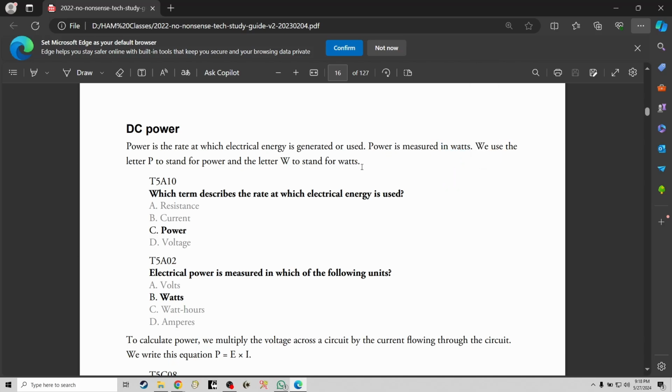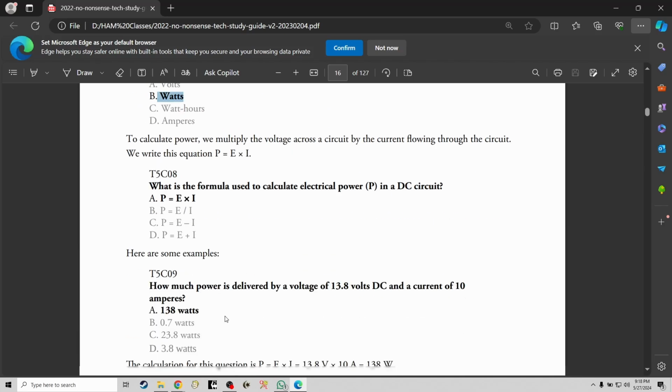We use the letter P to stand for power and W to stand for watts. Electrical power is measured in which of the following units? The measurement of power is watts.